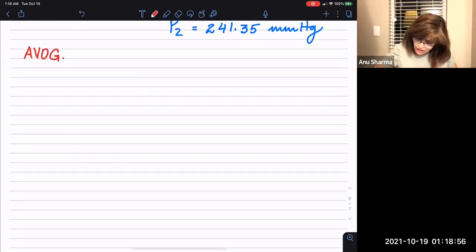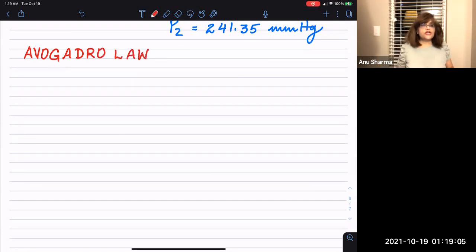Avogadro's law. Avogadro actually got angry at Boyle and Charles, because Boyle and Charles studied the relationship of pressure, volume, and temperature. And the problem with gases is that their volumes are indefinite.